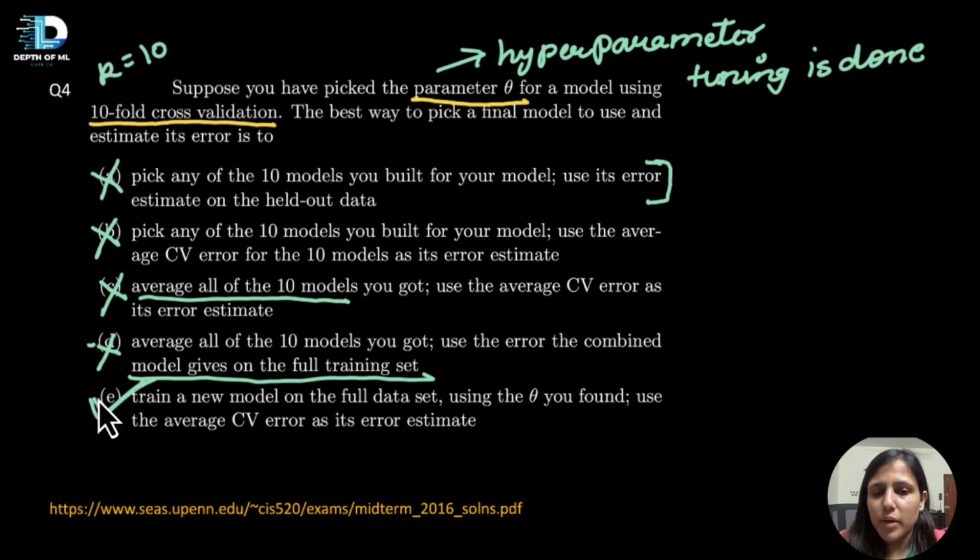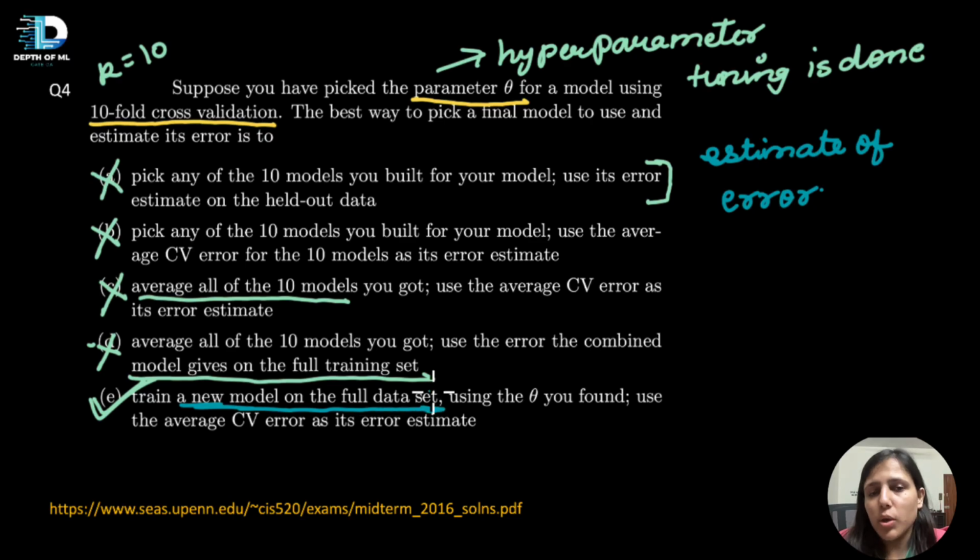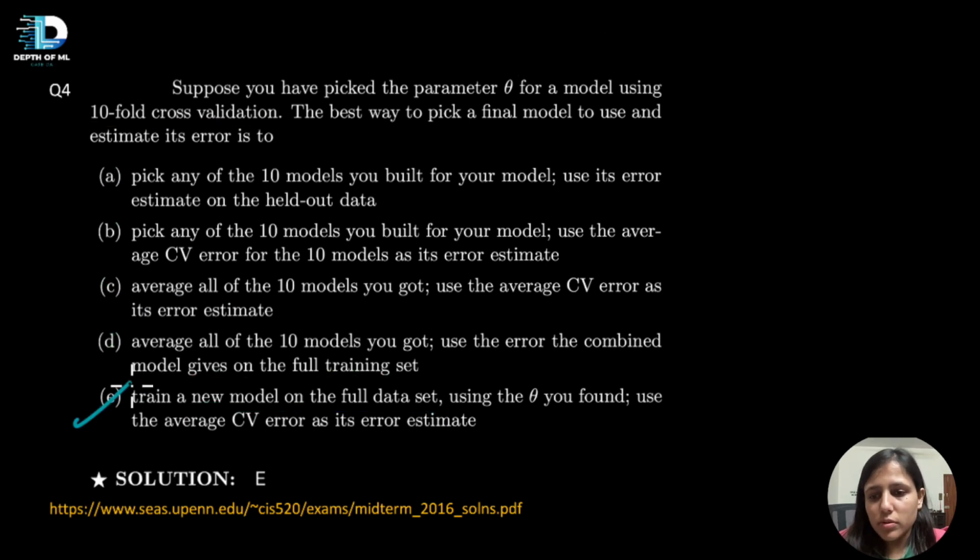So this is what we usually do, like I have been saying: once we have estimated the parameter theta using cross validation and we have gotten an estimate of the error, we train a new model on the full data set, because we want to use all the data that we have available for our training, and then we can use the CV error as the error estimate. So E is correct.